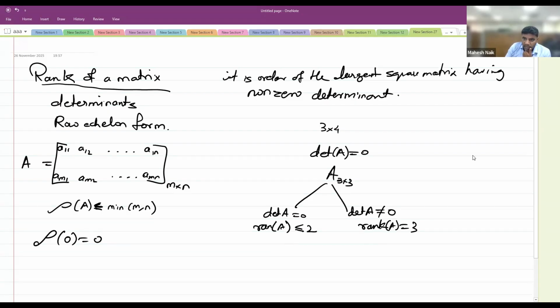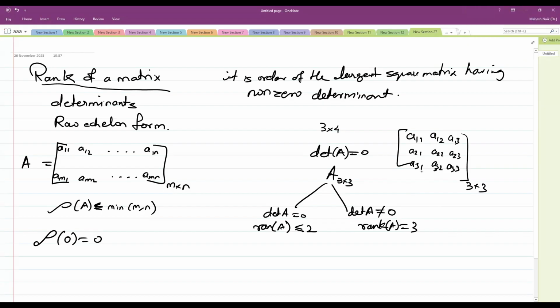So since I'm talking about a matrix of order 3, now I'm talking about all those submatrices of order 2. How many possible submatrices can we go for of order 2 in a 3x3 matrix?